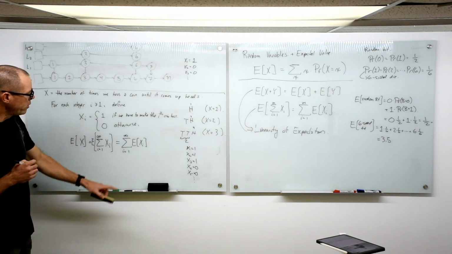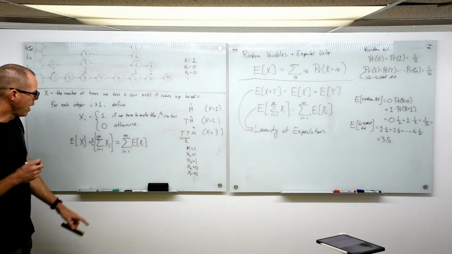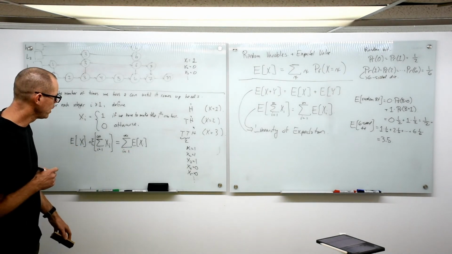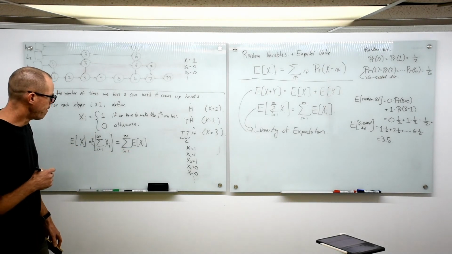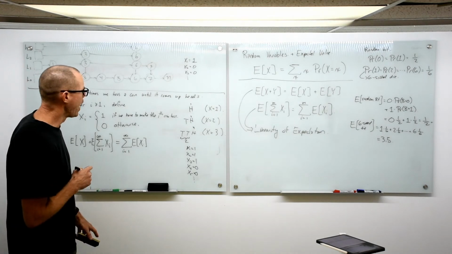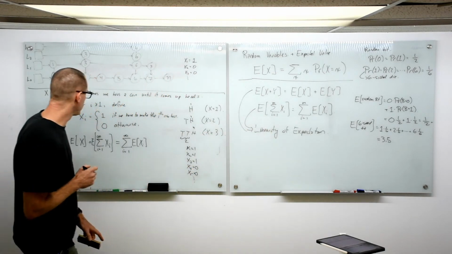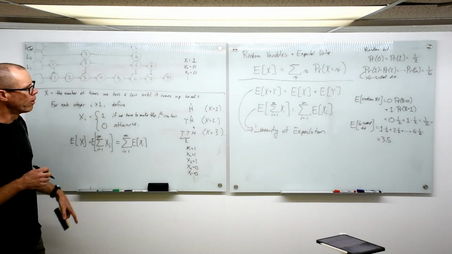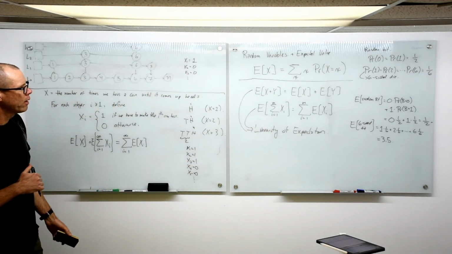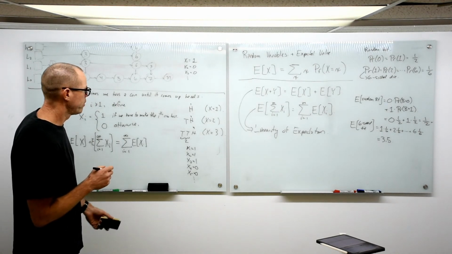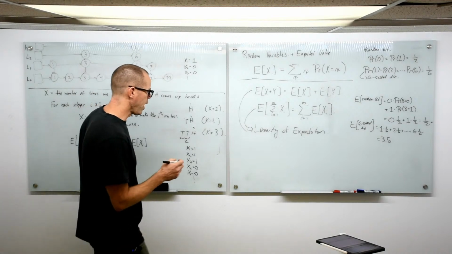And so what I need to do now is figure out the expected value of x sub i. Okay. So for that, we can use the definition, because x sub i is so simple, it's only 1 or 0. We can just write out the expected value longhand, right?